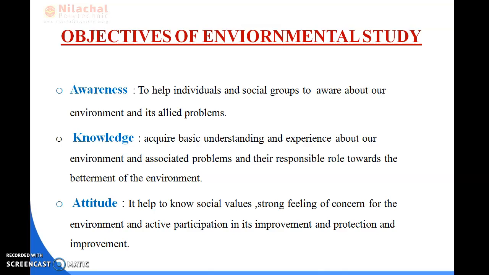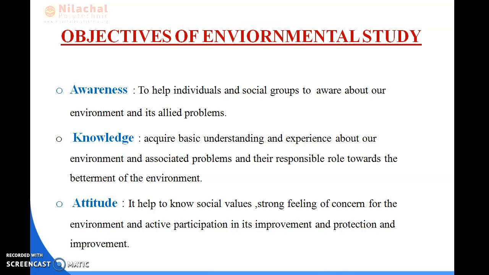So first, human beings should be made aware of environmental issues. When the public is motivated and participates in environmental protection, environmental improvement can be done and we can create a healthy environment.